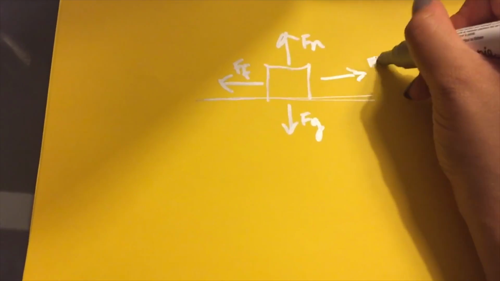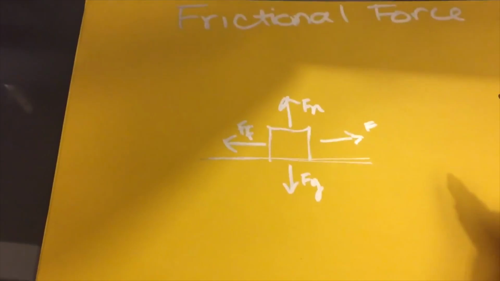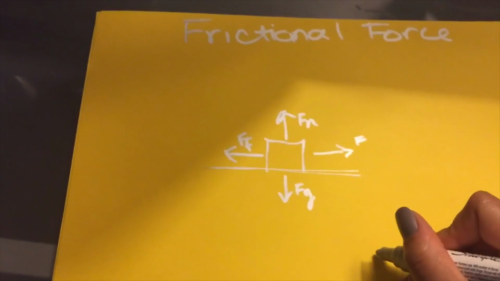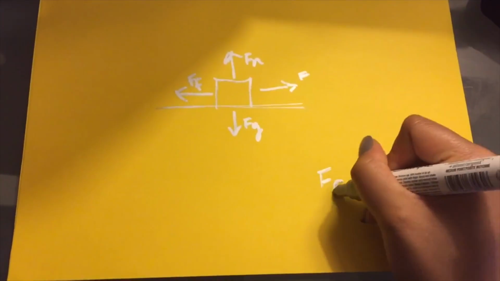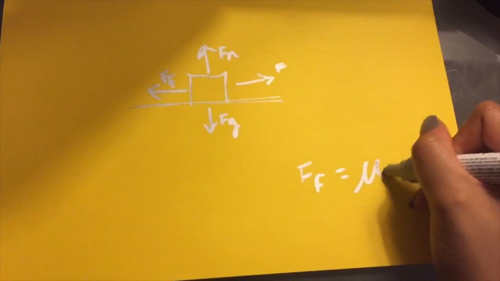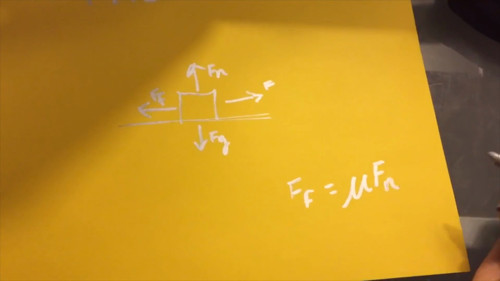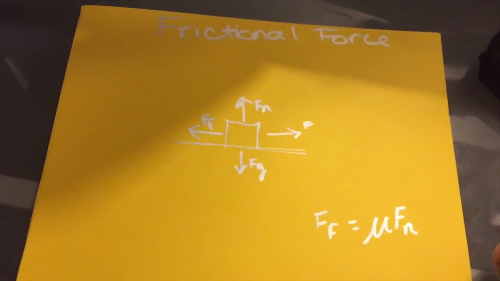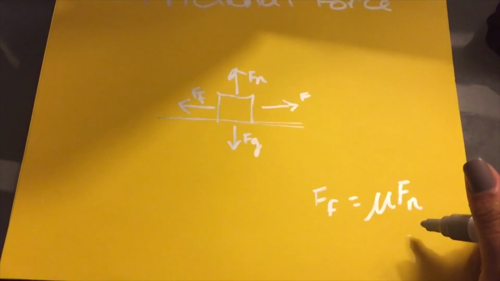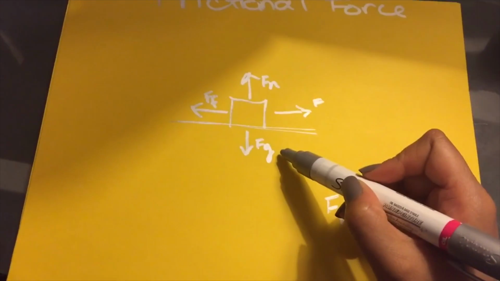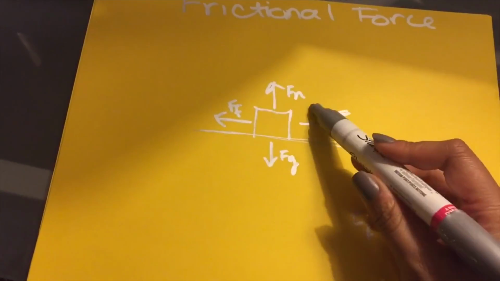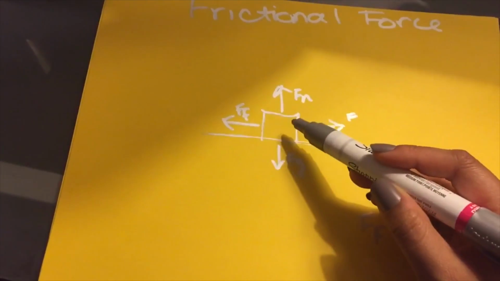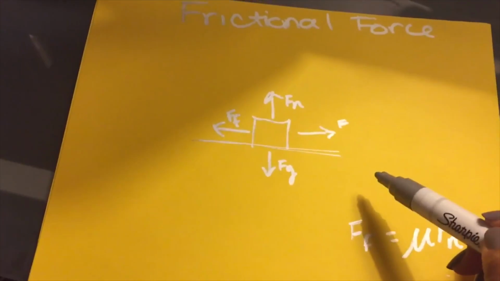Here's the force that you're pulling it by, right here. Typically to find frictional force, it equals mu times normal force. And mu is just some sort of constant that they give you in the problem. And normal force you can solve by setting force of gravity and normal force equal to each other, since they both have to cancel out, because your object's not falling through your surface or anything like that.